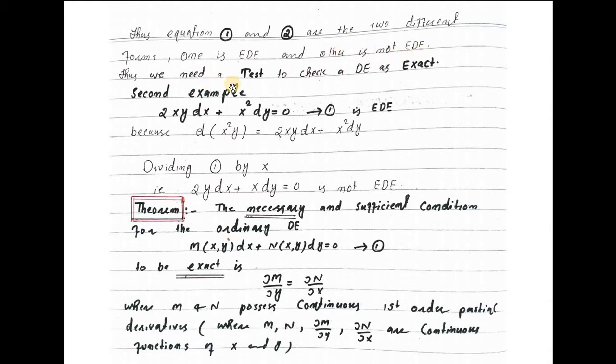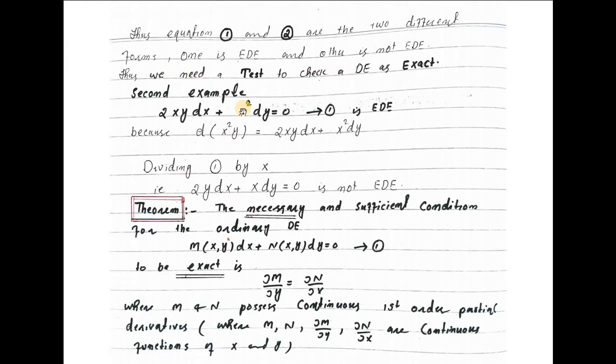Thus we need a test to check whether a differential equation is exact. For example, second example, 2xy dx plus x square dy is equal to 0. This is equation 1. It is exact differential equation because we can write the left side of this equation as the differential of x square y, which is equal to 2xy dx plus x square dy.